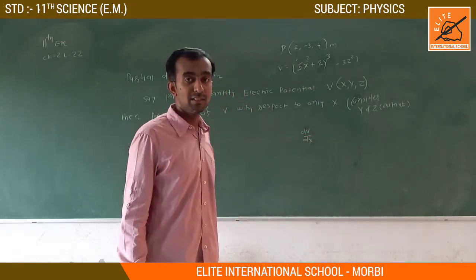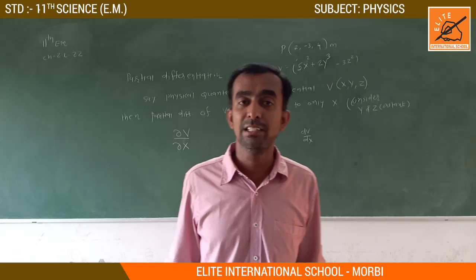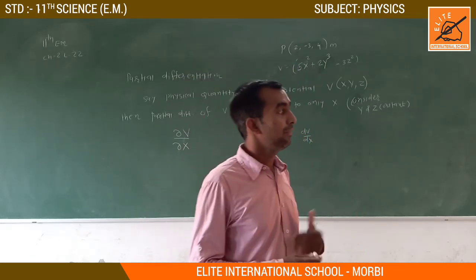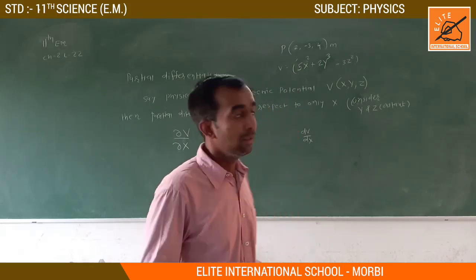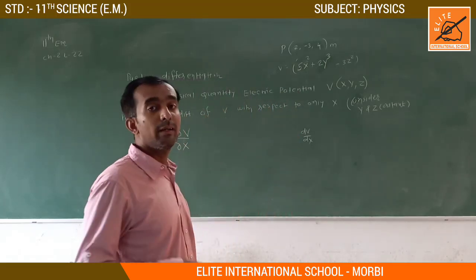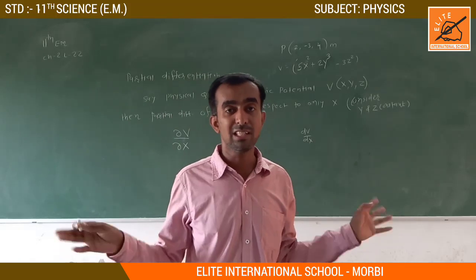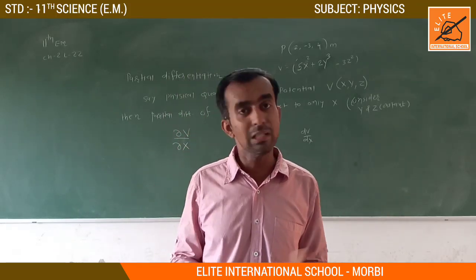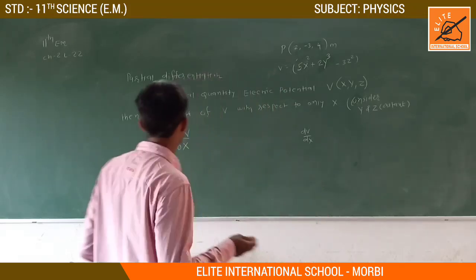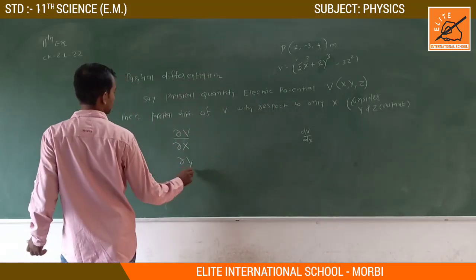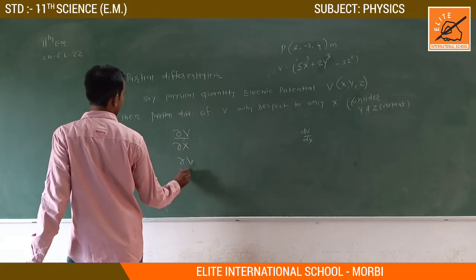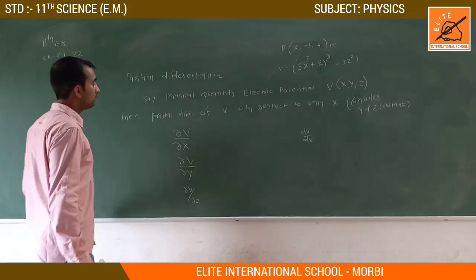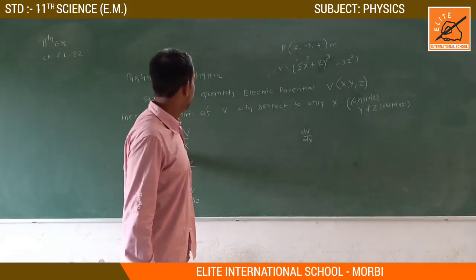Del. This is full differentiation. Meaning what? Potential is in the form of x, or in only the x direction, and we differentiate with respect to x. But here potential is in three dimensions, x, y and z, and we are taking only x, only y, only z. This is partial differentiation.